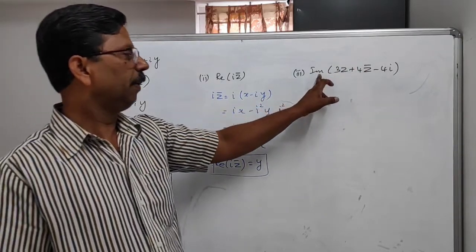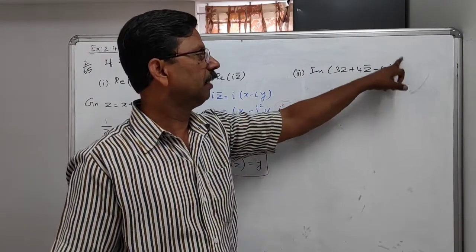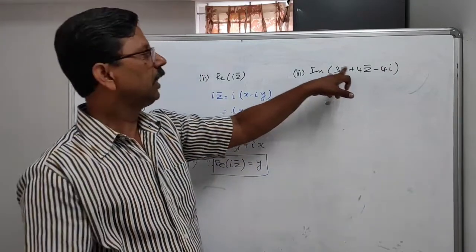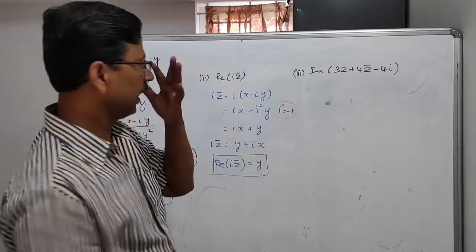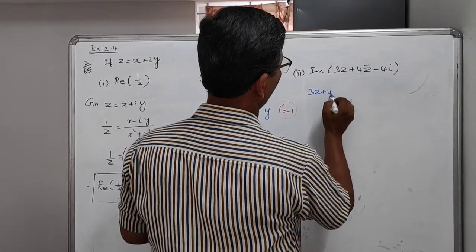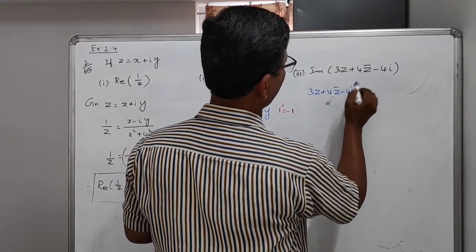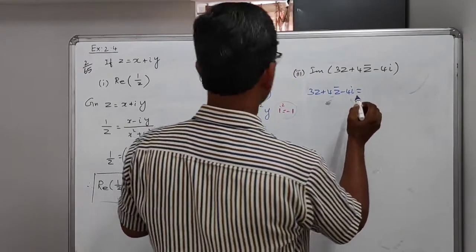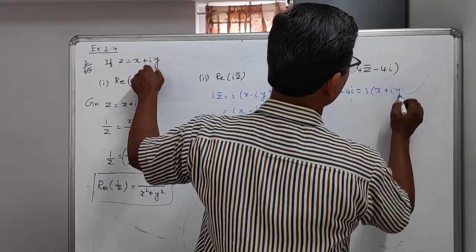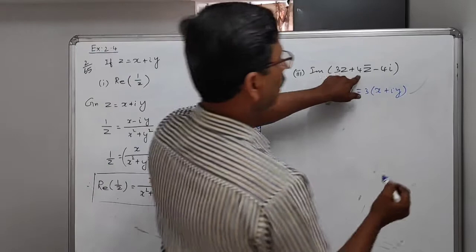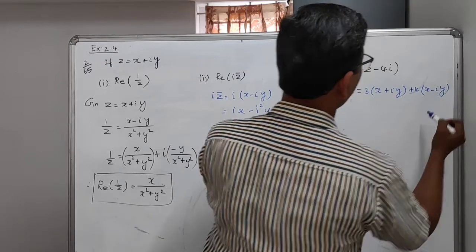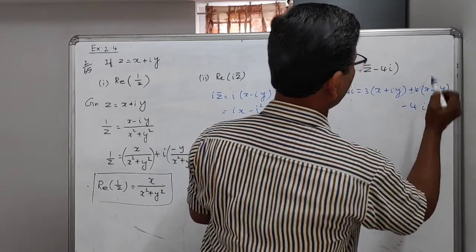Now likewise, let's go for this problem. Here also, to find the imaginary part of this one, try to find the value of this expression. Then after bringing this into rectangular form, we can easily find the imaginary part. Therefore, we can find the value of this one, 3z plus 4z bar minus 4i, which is equal to 3z means 3 into (x plus iy), then 4 times z bar means 4 times (x minus iy), then minus 4i.